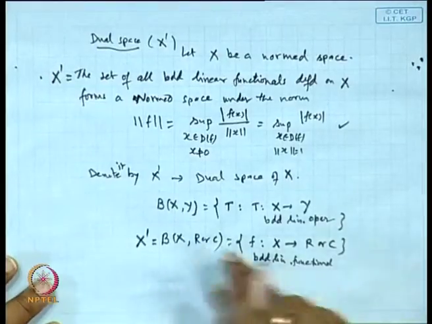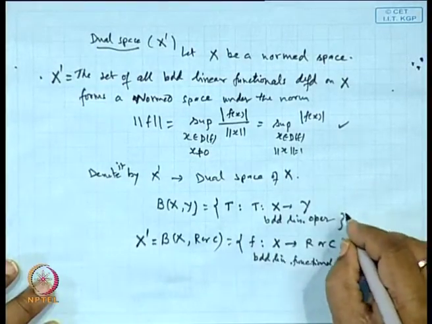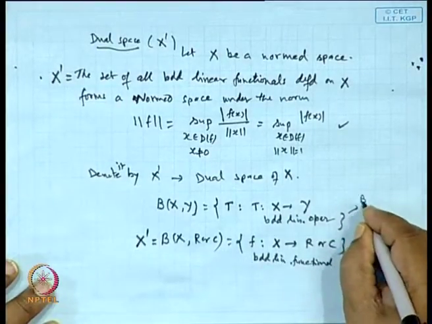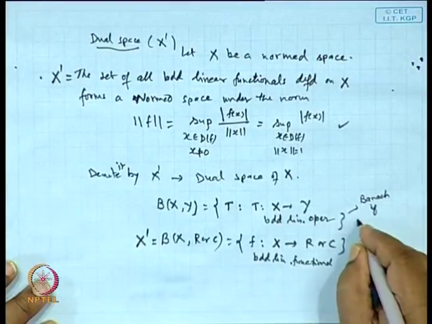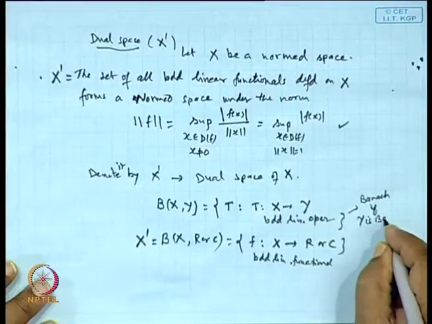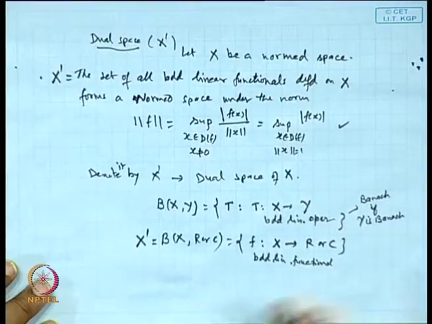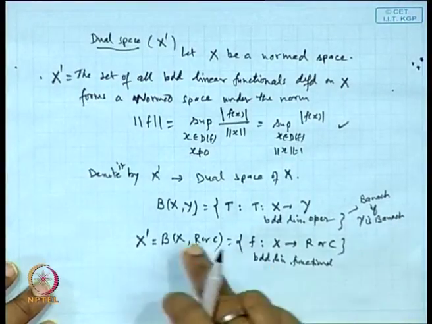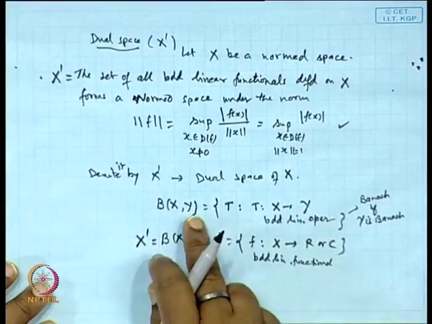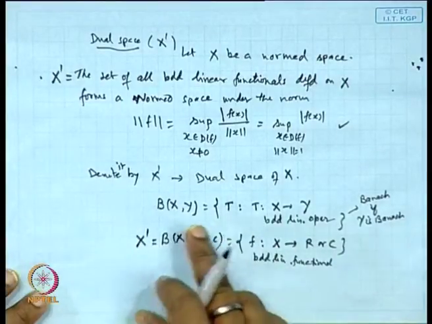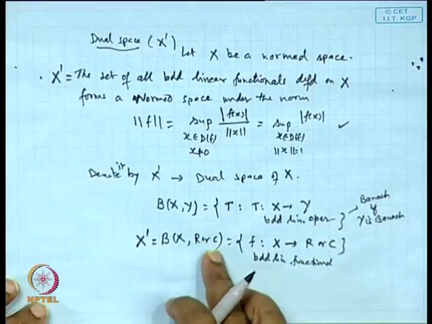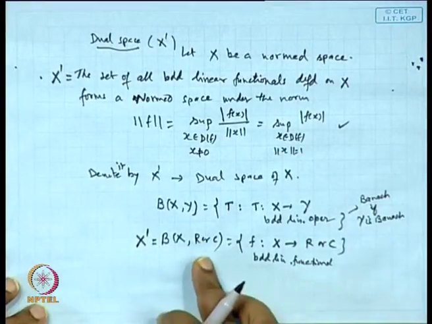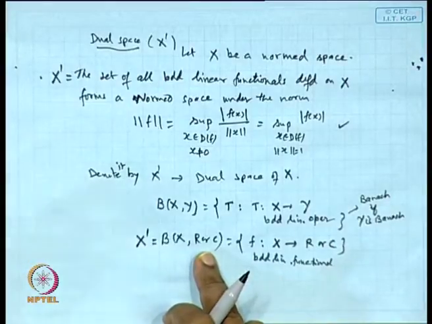So B(X, R) we are denoting by X dash, and we have seen already that this class is a Banach space if Y is Banach. That we have already proved: the set of all bounded linear operators from one norm space to another is a Banach space if Y is a Banach space. Here in place of Y we are choosing R or C, which are complete spaces.